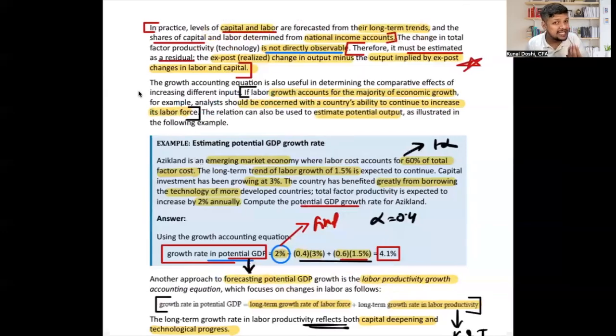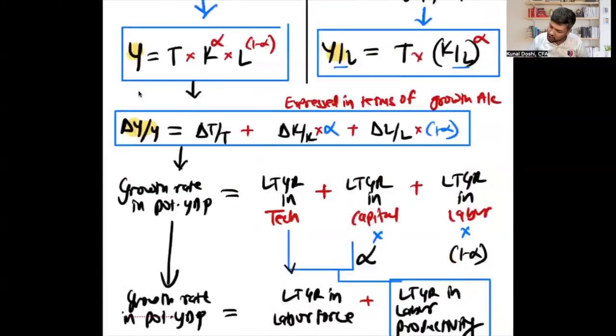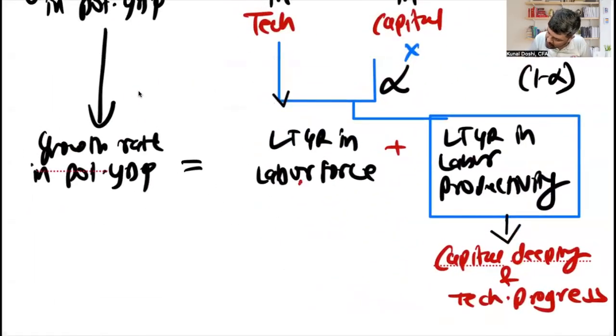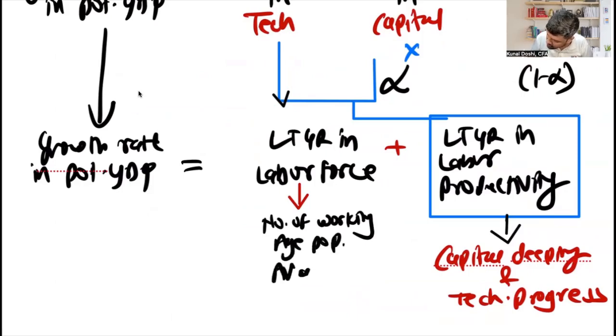Labor force is basically the number of working age population available for work. I will write it: number of working age population available for work. And that can increase if the participation increases.